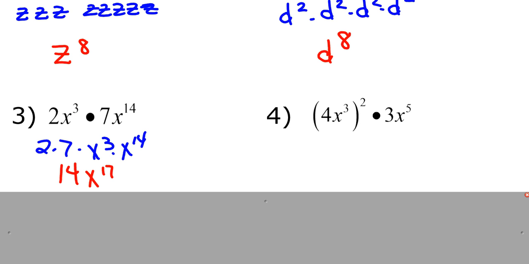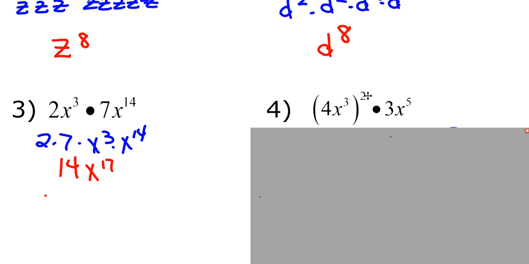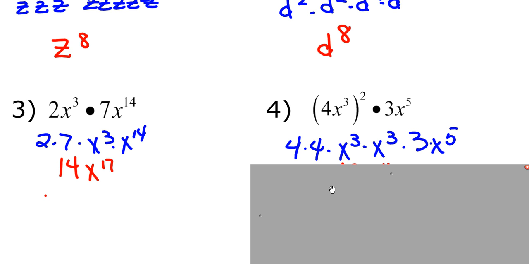For number 4, we have the quantity 4x to the third squared times 3x to the 5th. So again, thinking about definitions and meanings. The power of 2 belongs to the quantity, so we have 2 sets of 4x to the thirds being multiplied out. And then we've got 3 times x to the 5th.